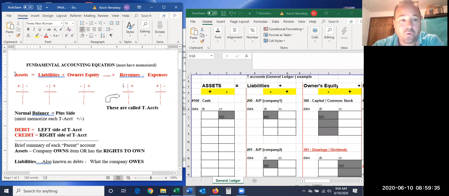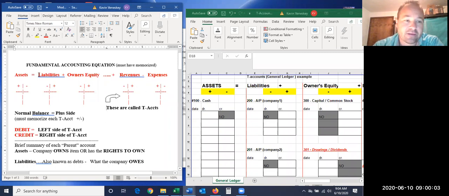So kind of a review from what we did in our last session. We're always going to be using this accounting equation in some way or form. It's just something you're going to have to memorize. It would be good if you go ahead and memorize it now, this early on. As you would have seen in the chapter 1 homework, if you've gotten to it by now, this side over here, the assets, have to equal everything on this side.